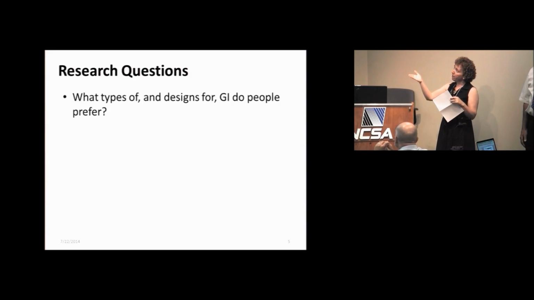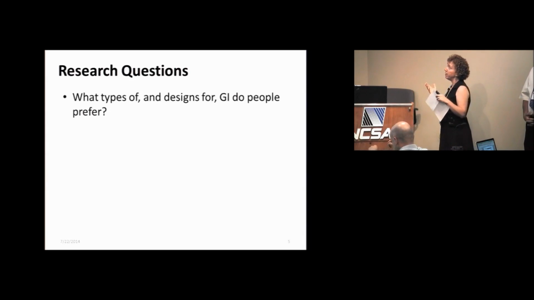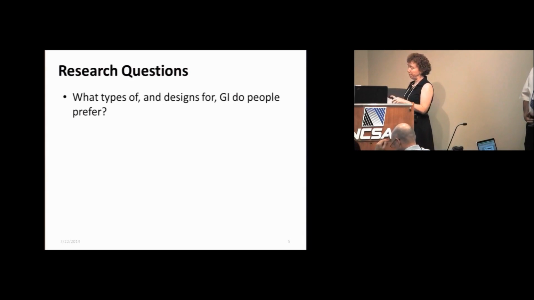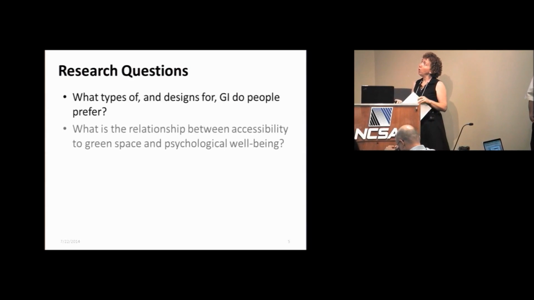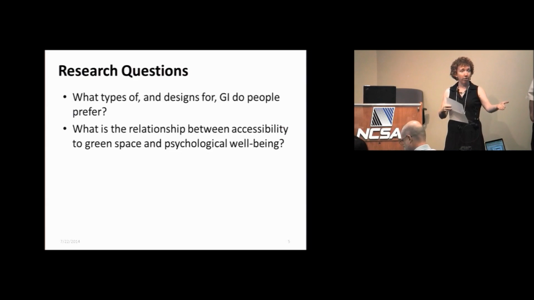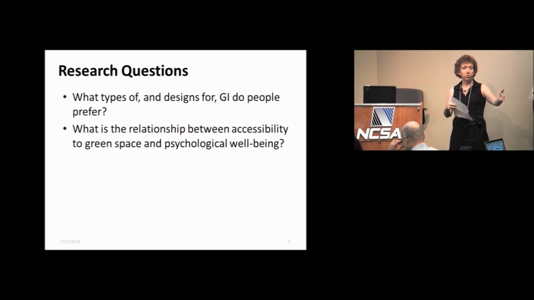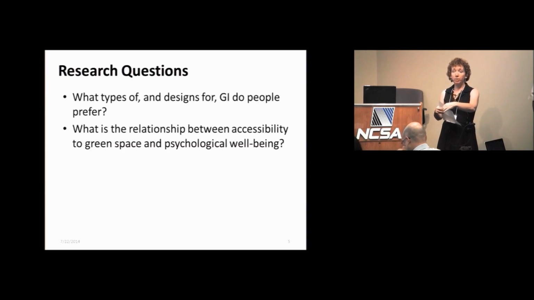So some of the fundamental questions that Professor Sullivan's group is interested in is what kinds of designs and types of green infrastructure do people actually prefer? What is the relationship between having green space there, is it nearby, are you seeing it, and psychological well-being? What effect does it have that there's a green space when I walk down the street versus there isn't one?